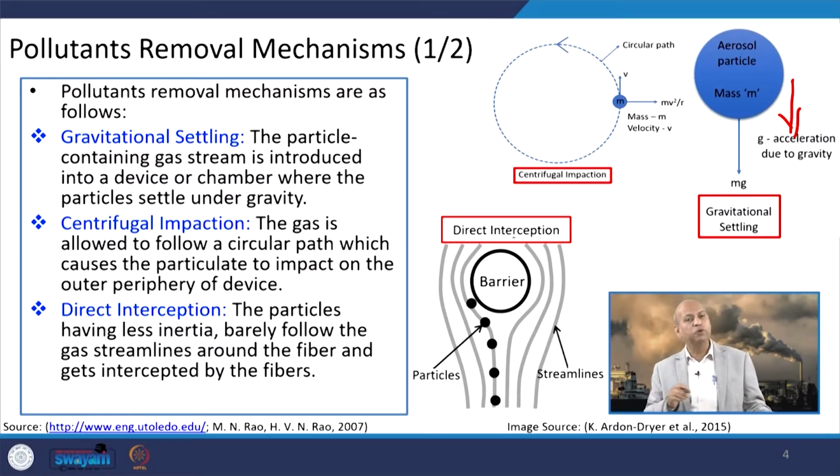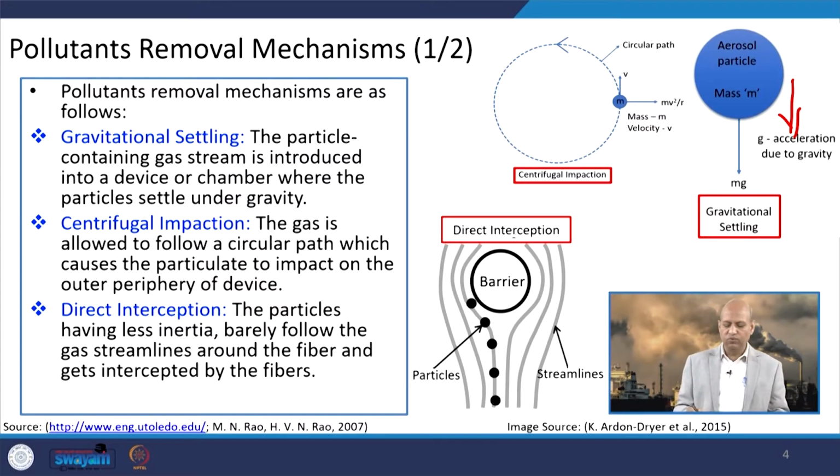Then we can also mimic this gravitational force by creating centrifugal force. If we rotate the particulate matter by some device, there will be centrifugal force and it will strike some surface, lose velocity and be collected.